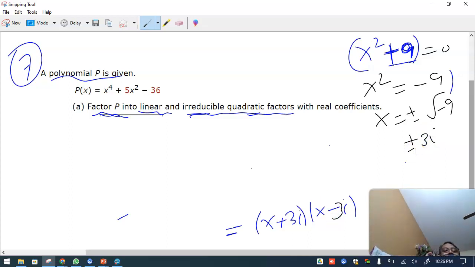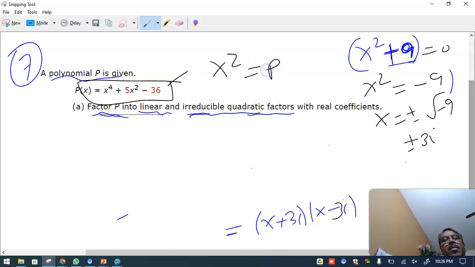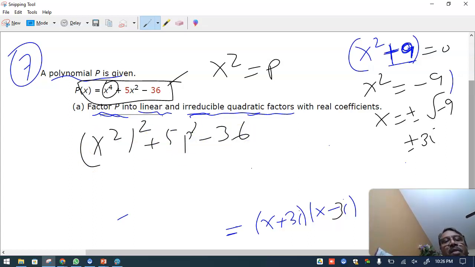Now, the one that we were given: let's say I want to substitute p for x squared, because there's a 4, so it becomes something like this. We can first reduce this.